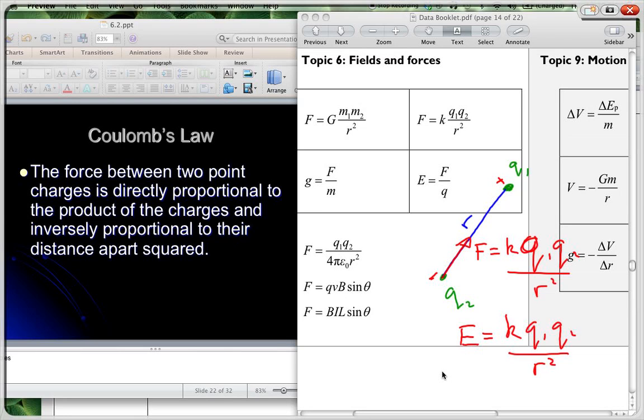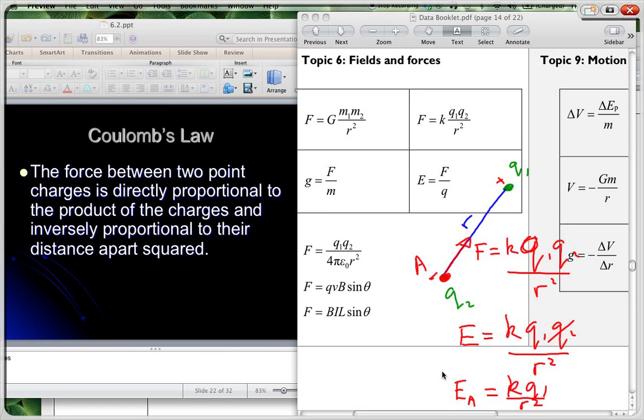And if we were looking at the electric field strength at that point over there, let's say at A, the E at A, I'd have to divide by Q2. So my Q2 would cancel, and I would get K Q1 over R squared.